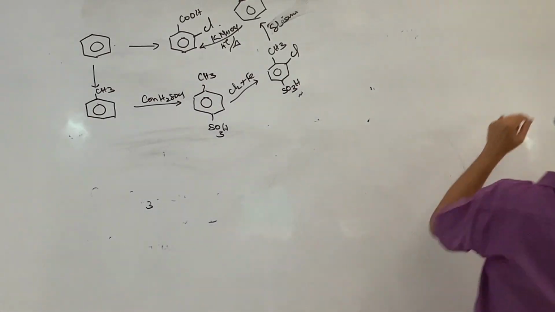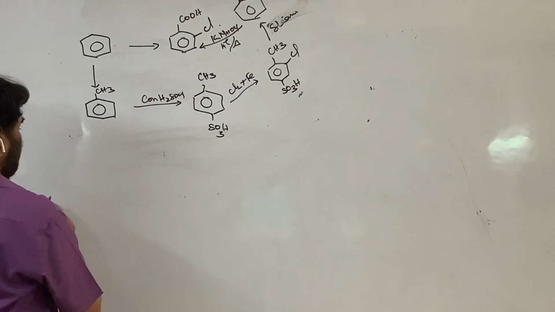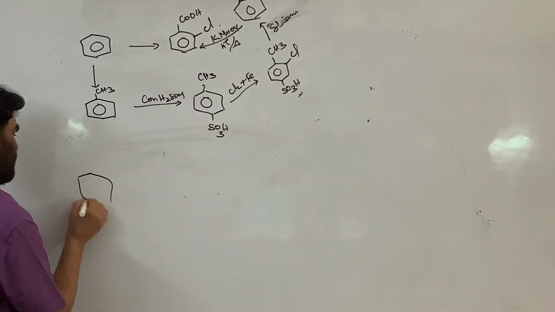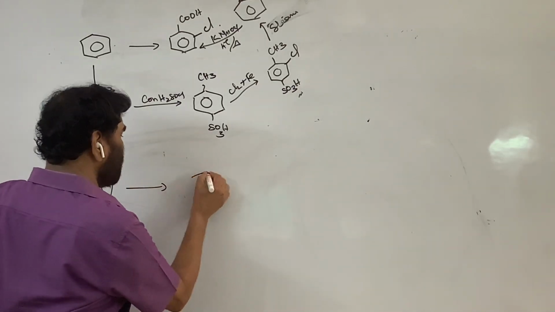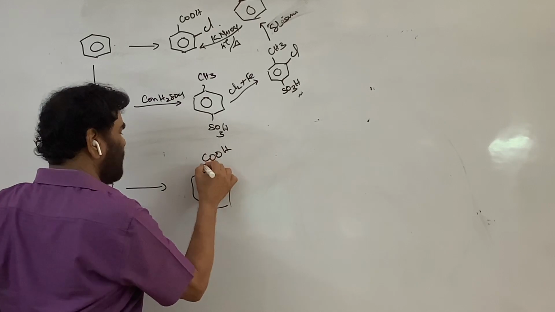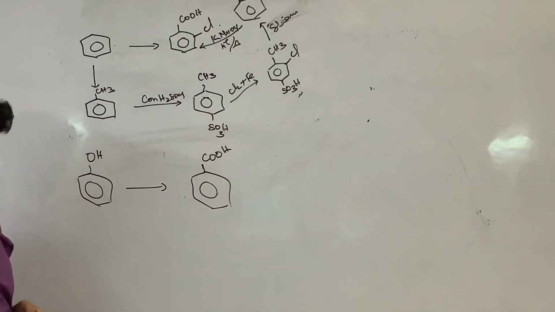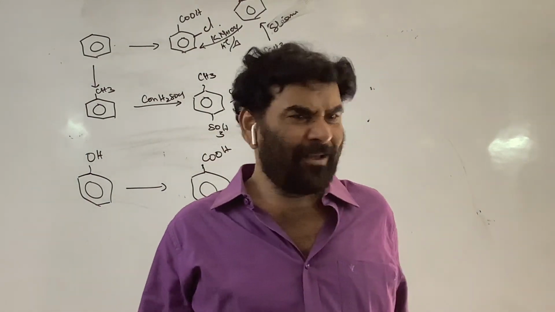And the next one is phenol. You have to prepare the benzoic acid. See, there is no way to convert the OH into a COOH group.